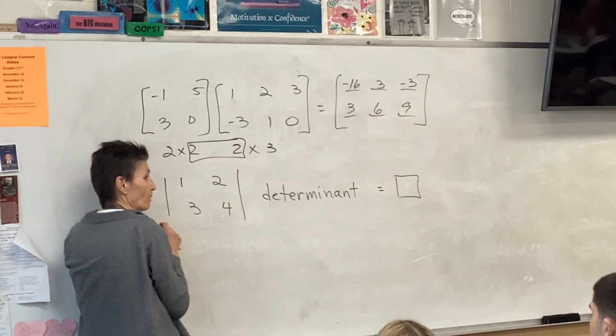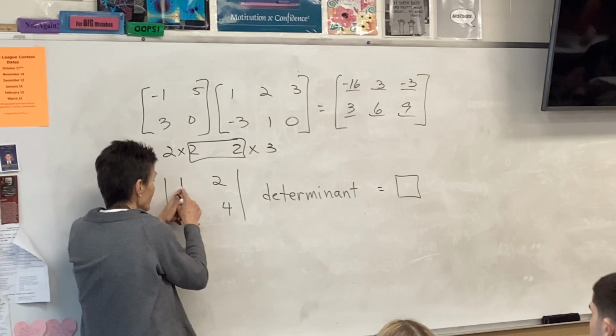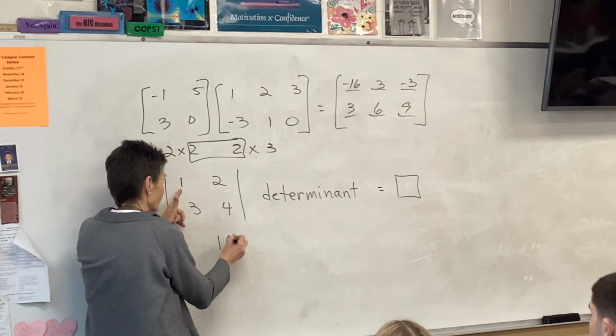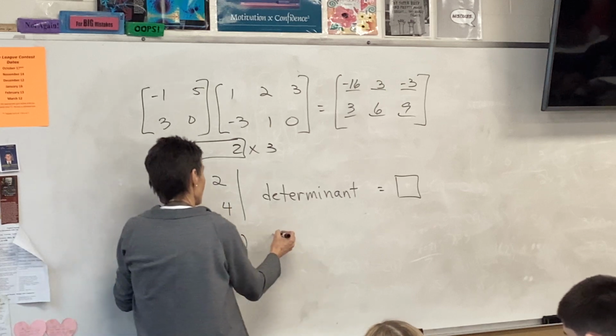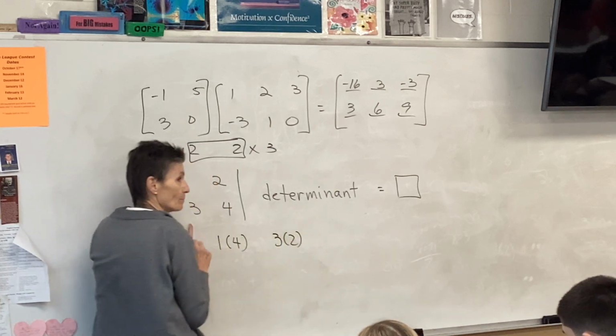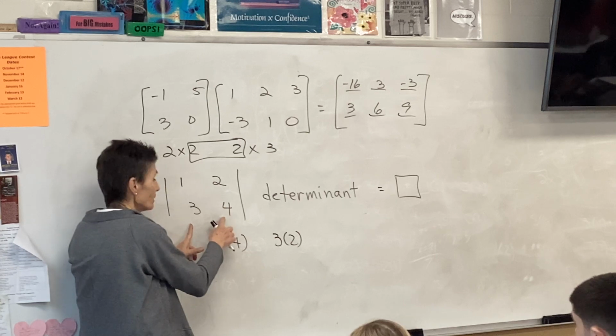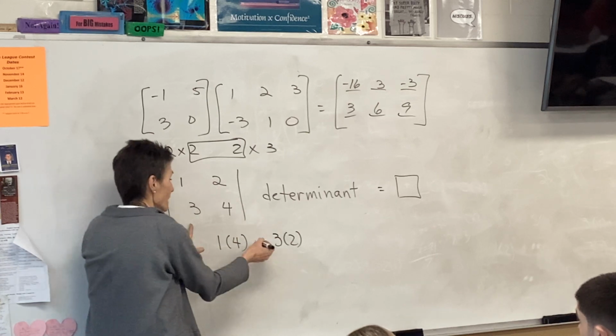It's really simple. Take 1 times 4, take 3 times 2, and subtract.